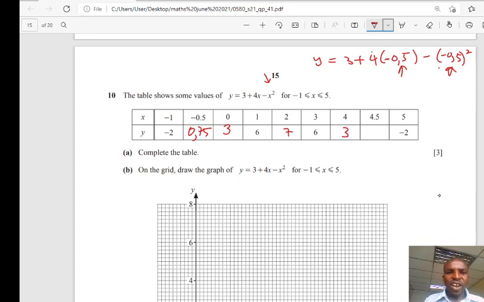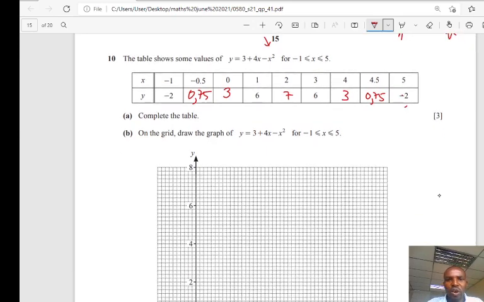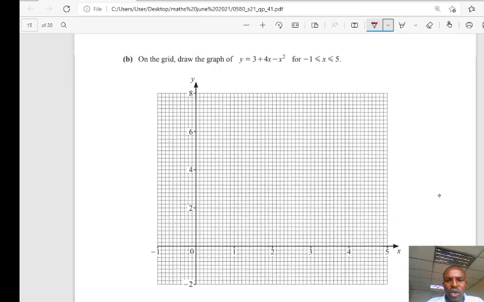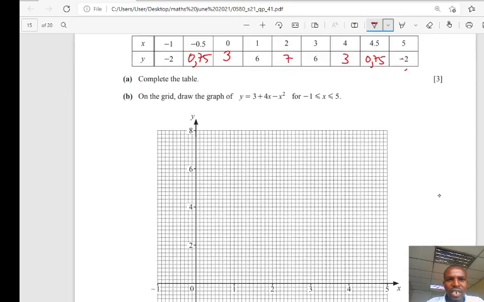Put 4.5 there. 4.5 is more like symmetrical. You're supposed to get 0.75, right? Because this graph looks symmetrical. You can punch in your calculator to prove it, but it's supposed to be like that. Because you can see this one is the same as this one. Minus 2, minus 0.5, 6, 6, 7, 7, 3, 3. So it's supposed to be a symmetrical graph. Then you are done. The graph, this one you can draw it, right? But the value is ending at 7 here.